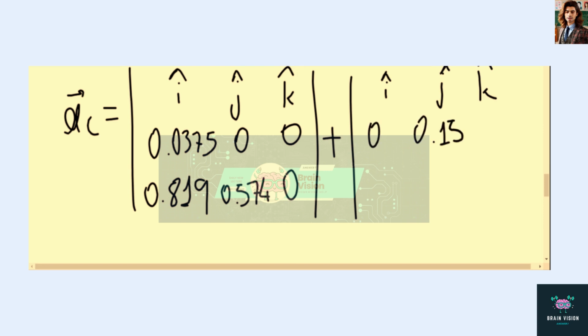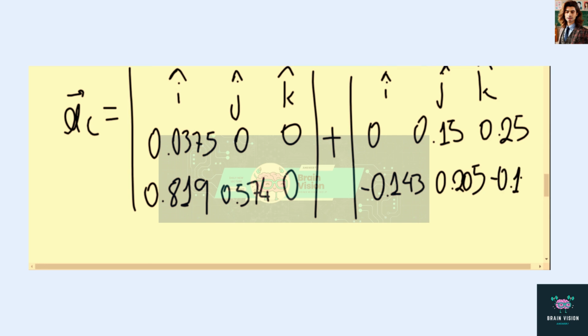This is the angular velocity, and this is the linear velocity as calculated before.